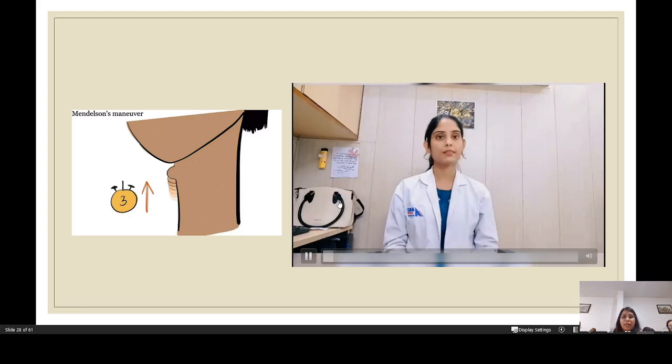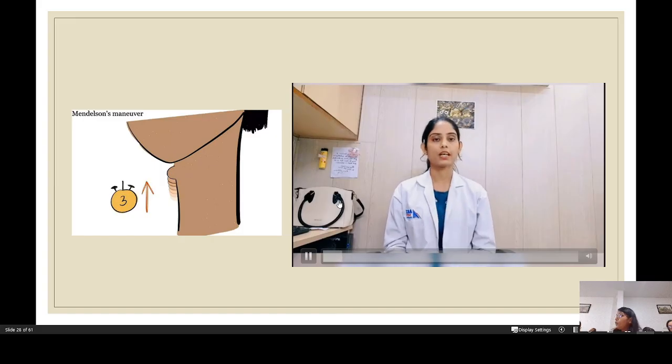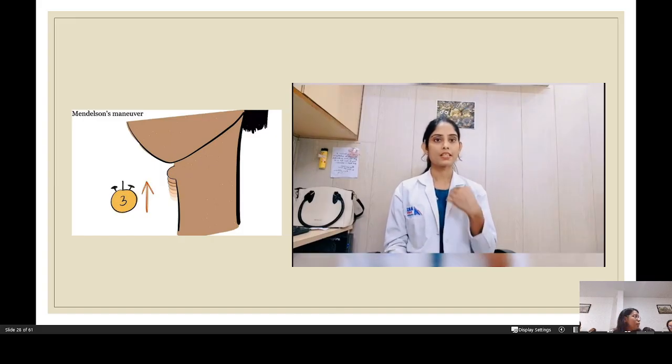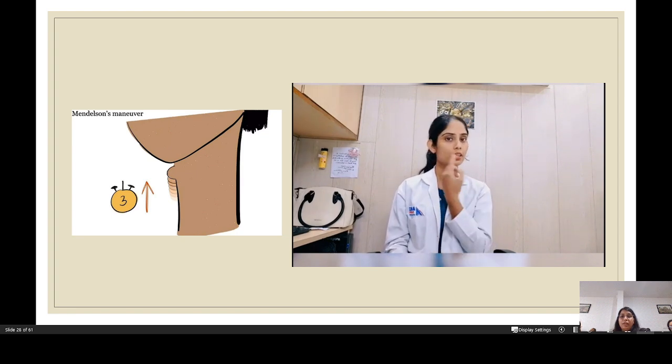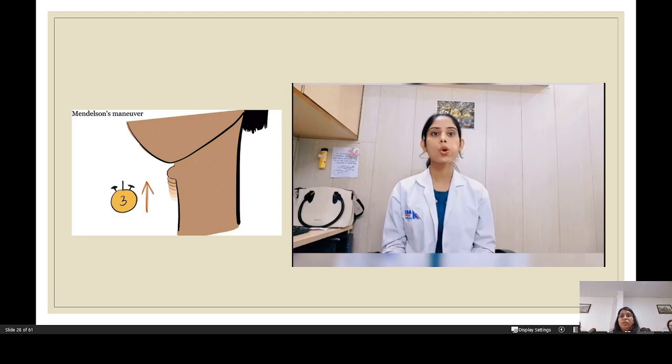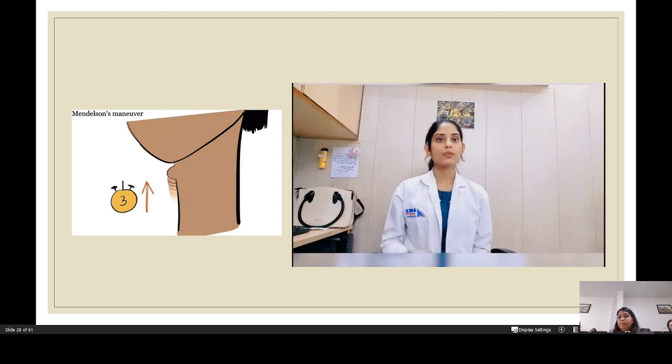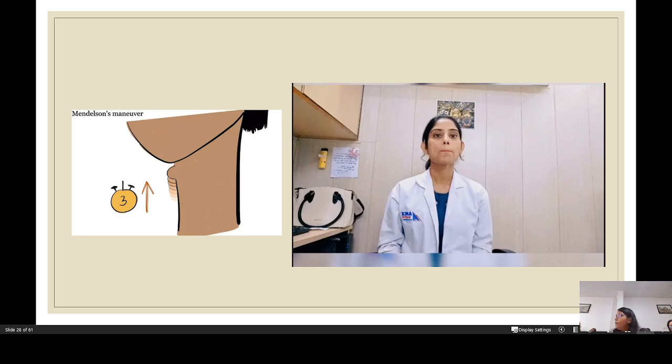This is the tongue exercise for tongue strength after resection. First, we have to place the tongue over the palate, then to both cheeks. These are the lip exercises.